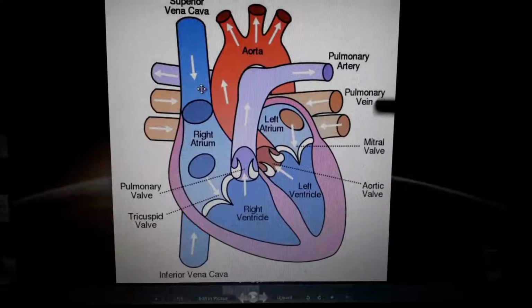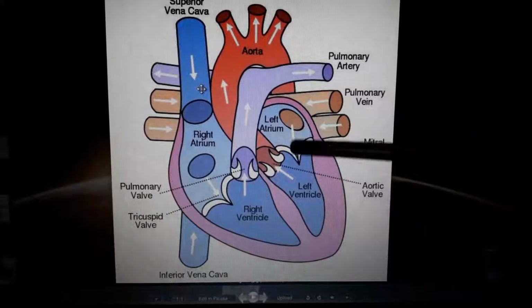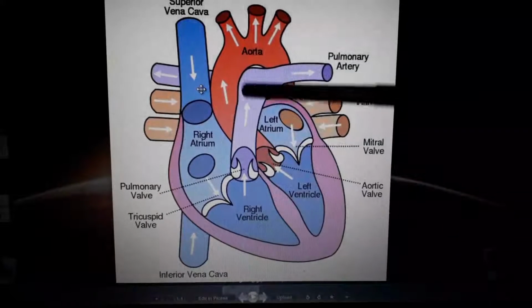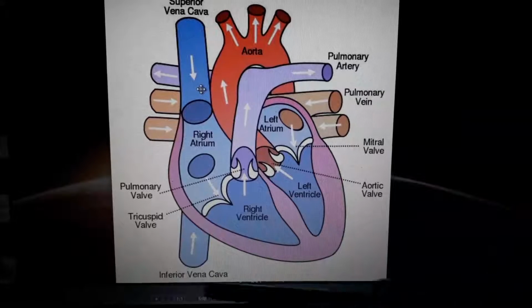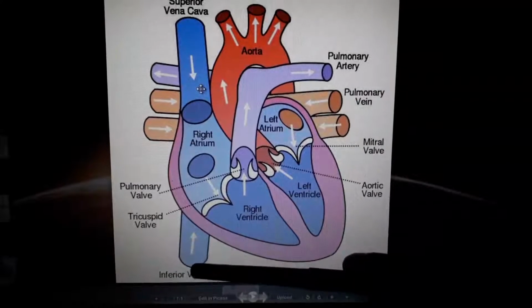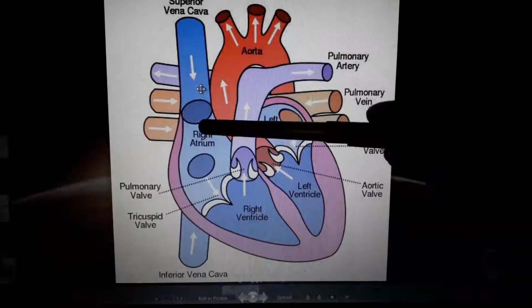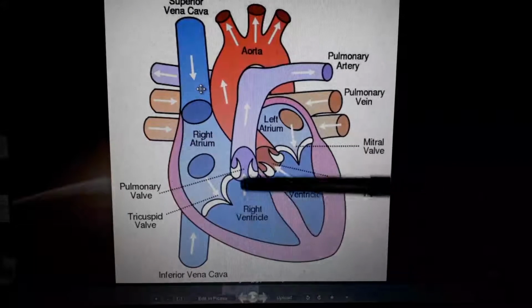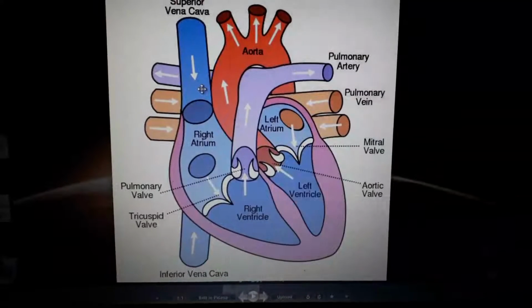Again through lungs it comes through the pulmonary vein, left atrium, left ventricle, again going to aorta, throughout the body, coming back to inferior vena cava, after that superior vena cava, then right atrium, right ventricle, again pulmonary artery. Like a cycle it happens. Understood?